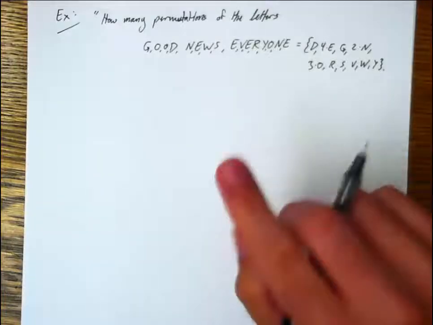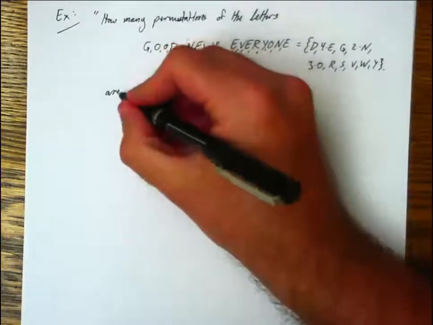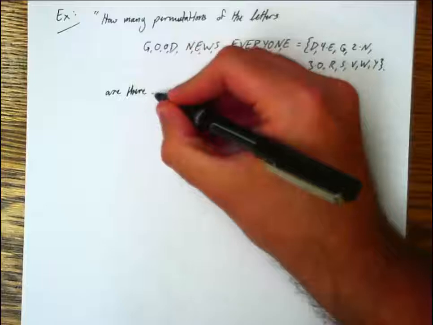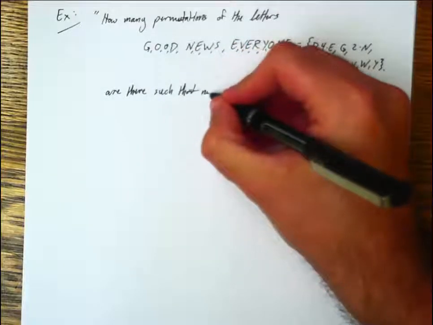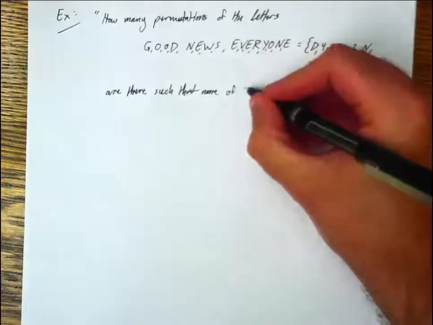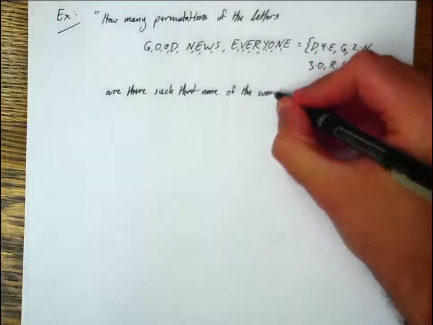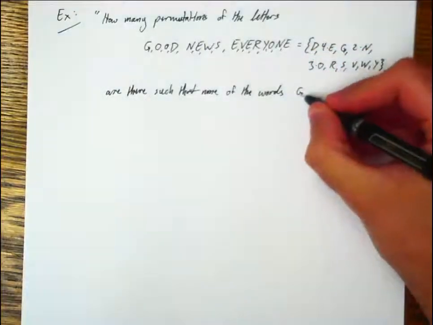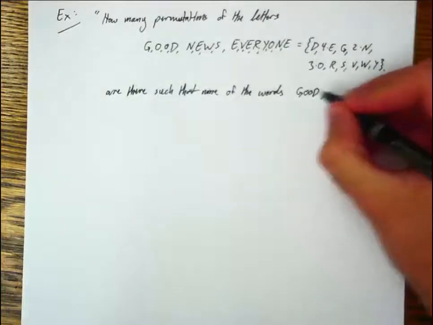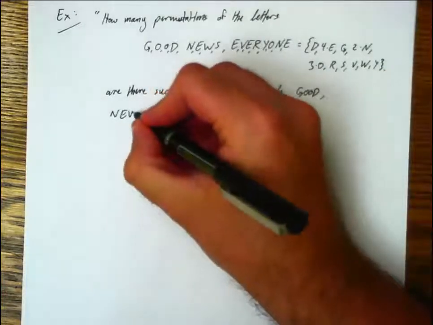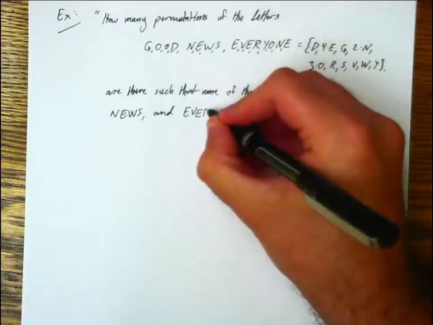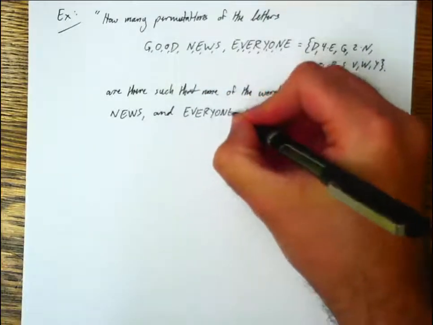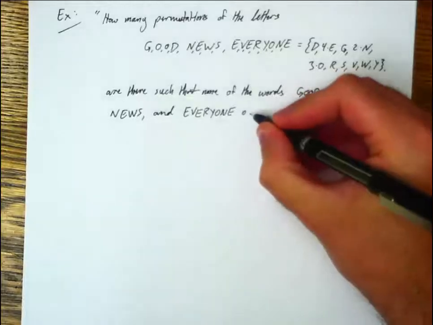So how many permutations of those letters are there? And now I'm going to be restrictive, such that none of the words, and these are going to be subwords, none of the words good, news, and everyone occur as consecutive letters.